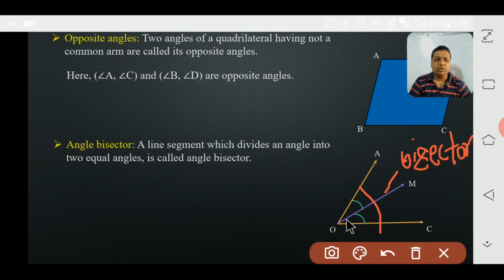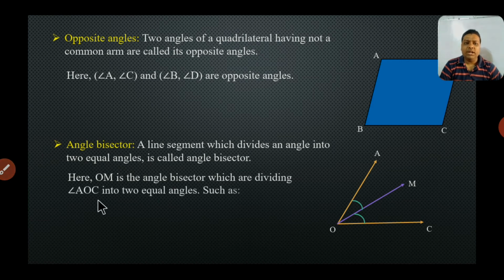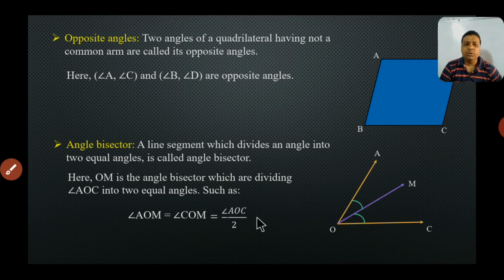OM divides angle AOC into two equal angles, angle AOM and angle COM, so angle AOM is equal to angle COM, and each is equal to half of angle AOC. So this is the angle bisector, students.